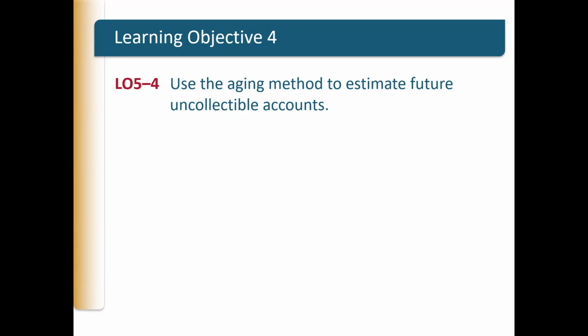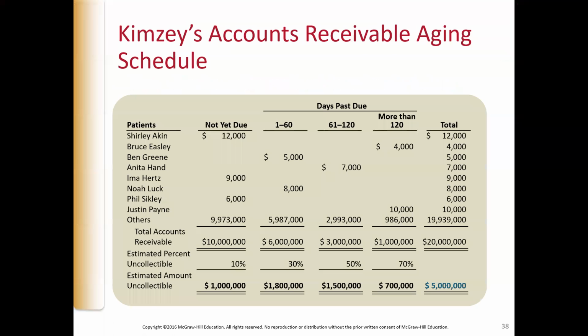When we use the aging method to estimate future cash flows, what we do is we look at our accounts receivable and see how old they are. Do you see, 10% are not yet due? 30% of what is uncollectible is between 1 and 60 days old. 50% of our uncollectibles are between 61 and 120 days old.